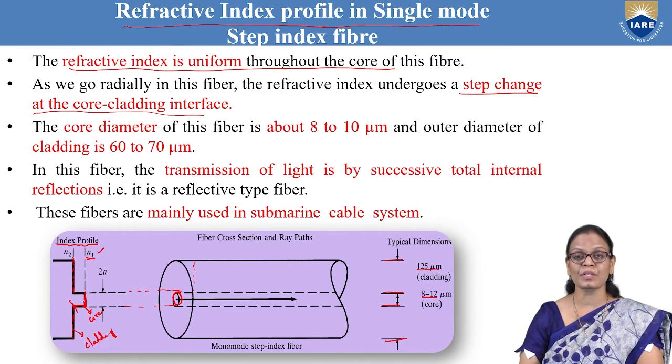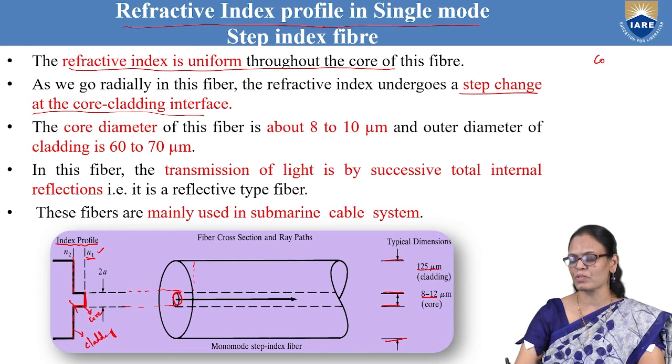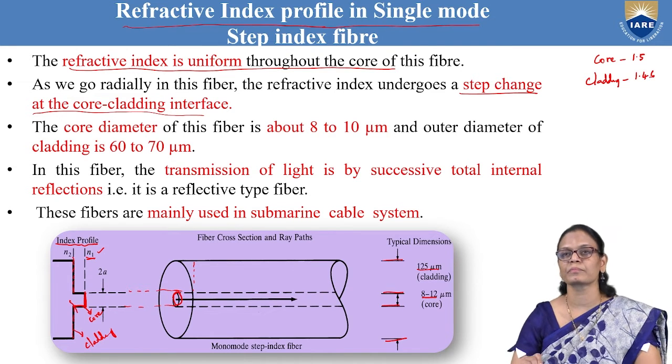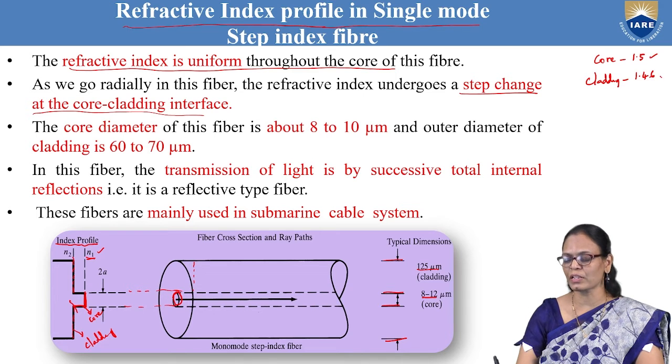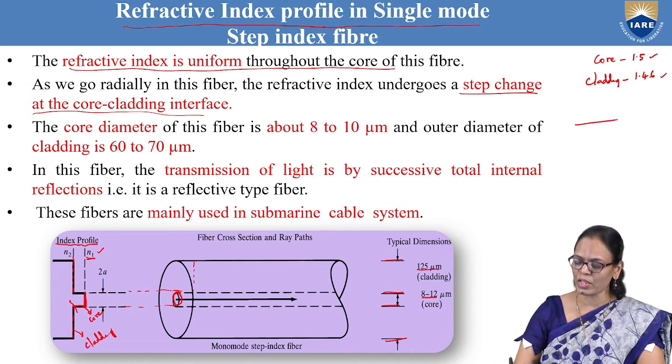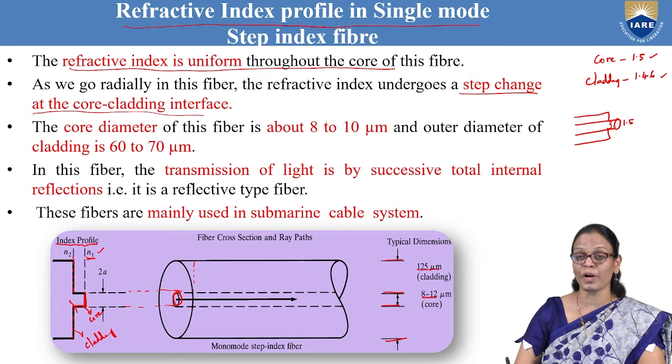Suppose I am considering a core whose refractive index is 1.5. For example, the refractive index of the core is 1.5, and I've taken the refractive index of the cladding to be 1.46. The refractive index of the core should always be greater than that of the cladding. Throughout the core, the refractive index is 1.5.